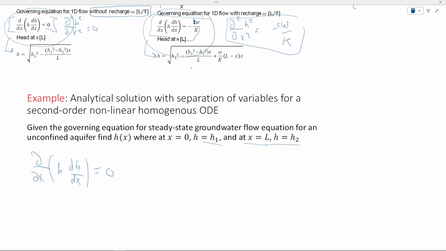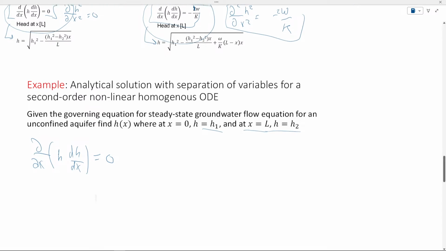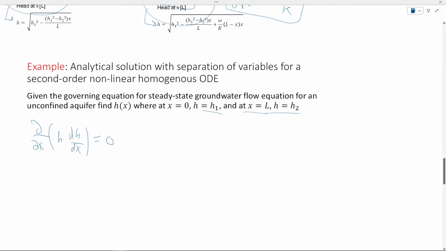And do you remember how to integrate this? Integration by parts. So we can do this through what we call integration by parts. Let's do the first one.